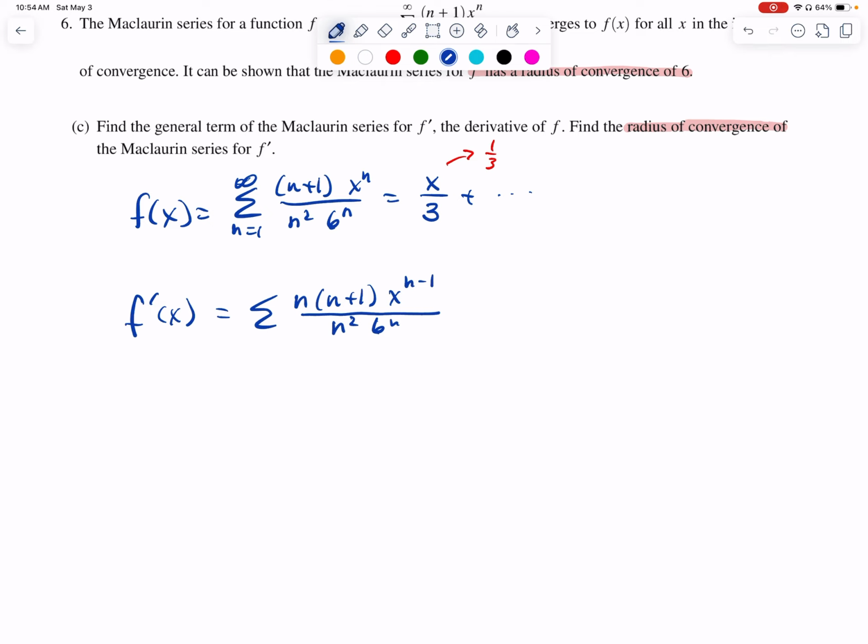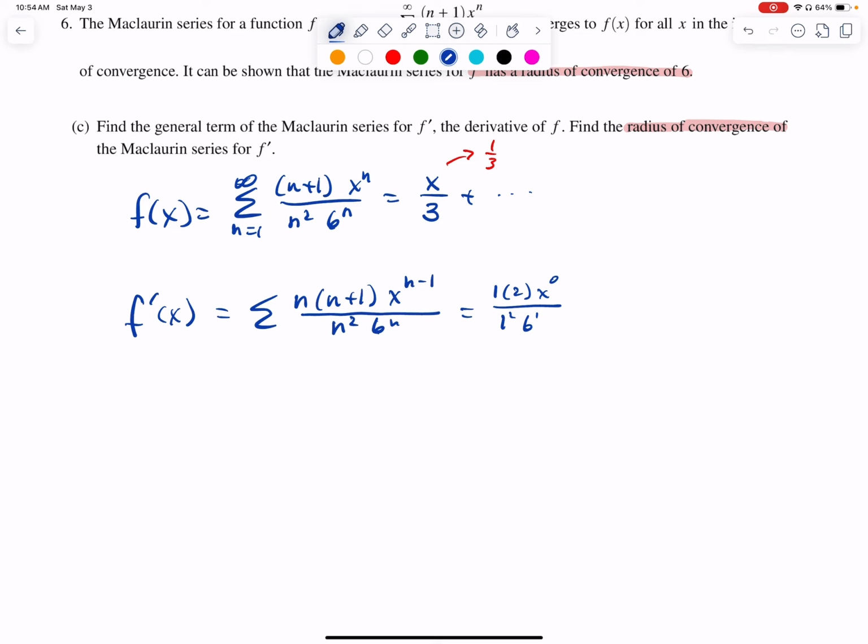Okay, so here then let's just check to see if we get 1/3 if we just stick in the number 1 like we did over here. So if I stick in 1, I'd have 1 times (1 plus 1) is 2, x to the, this will be 1 minus 1, so 0 power, over 1 squared times 6 to the 1 power.